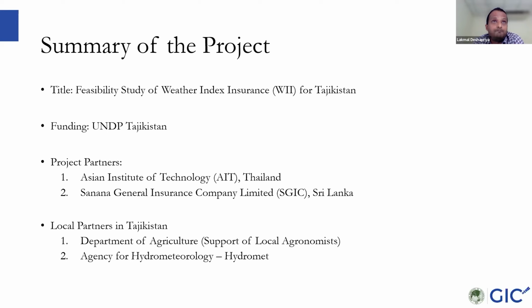They have insurance schemes for rice and tea, covering hundreds of thousands of farmers all around Sri Lanka. At the same time, we are working with the Department of Agriculture in Tajikistan to get support as agronomists and get the historical yield data and so on. We are also working with the Hydromet department to get the historical data.